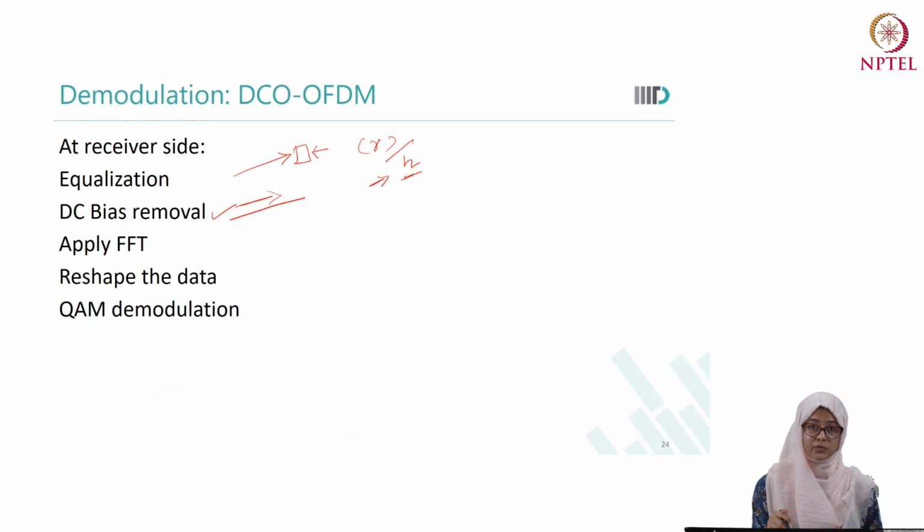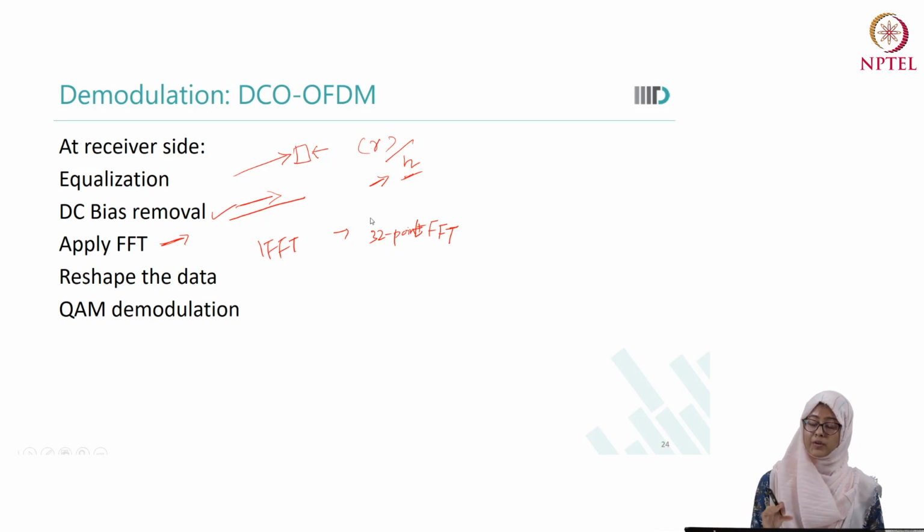So now you have removed the DC bias, you are going to apply the FFT. In the transmitter it was IFFT; here it will be a 32-point FFT. So you are just trying to retrieve your data back.